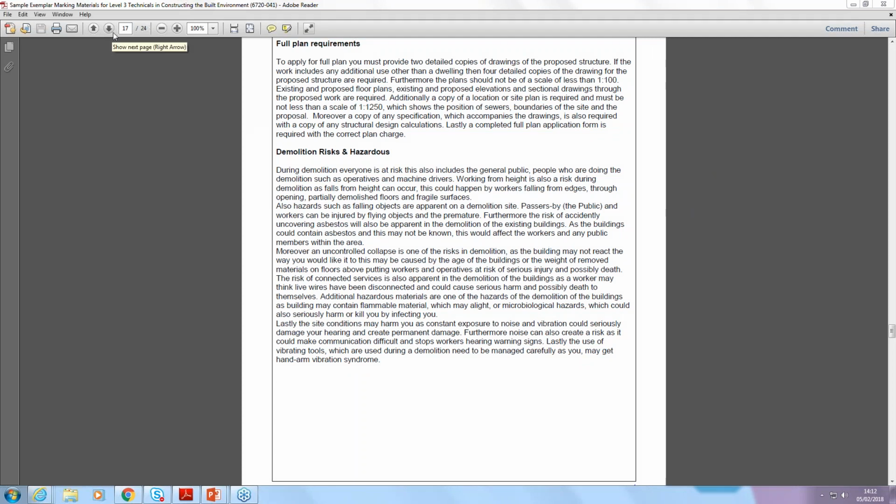A very similar example then, at the bottom of the section on demolition risks and hazards, it says, "Lastly, the site conditions may harm you as constant exposure to noise and vibration could seriously damage your hearing." Well, for me, that's another bit of a throwaway comment.